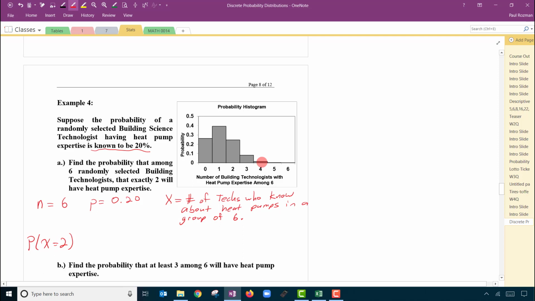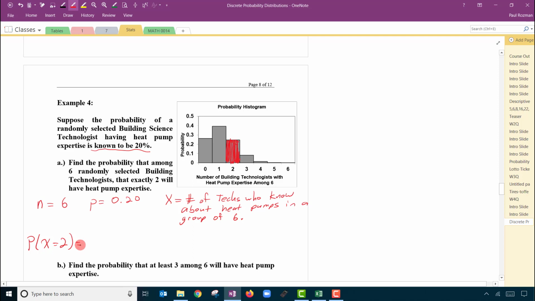Now, we already have the histogram here because when we were discussing this example earlier, I built it based on this data, that there was a 20% chance that someone knew something about heat pumps. So what we're trying to get in this solution is the area of this rectangle. And you can see that the answer will be between 20 and 30%.